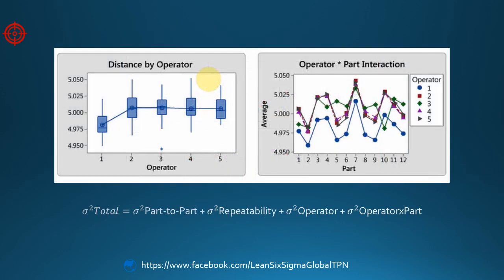So now let's look at the reproducibility. It can be broken down into variability between operators and variability due to the operator by part interaction. We'll evaluate reproducibility variation using box plots and an interaction plot graph.